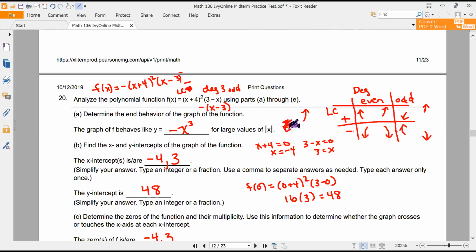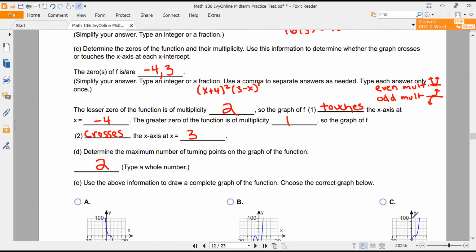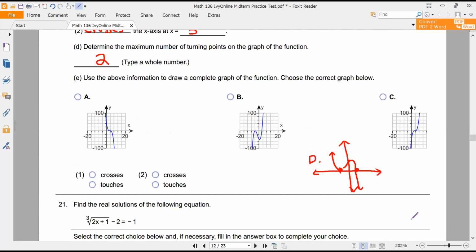Okay, so let me rearrange this. This is a negative leading coefficient and odd, so it should be doing this. It just flips the directions. But it's very crucial, and will make you count it wrong. So you have to be a little bit more detail oriented than I just was. The reason that was important is because that throws out B, because it's down on the left and up on the right, and it also throws out C, which is also down on the left, up on the right.